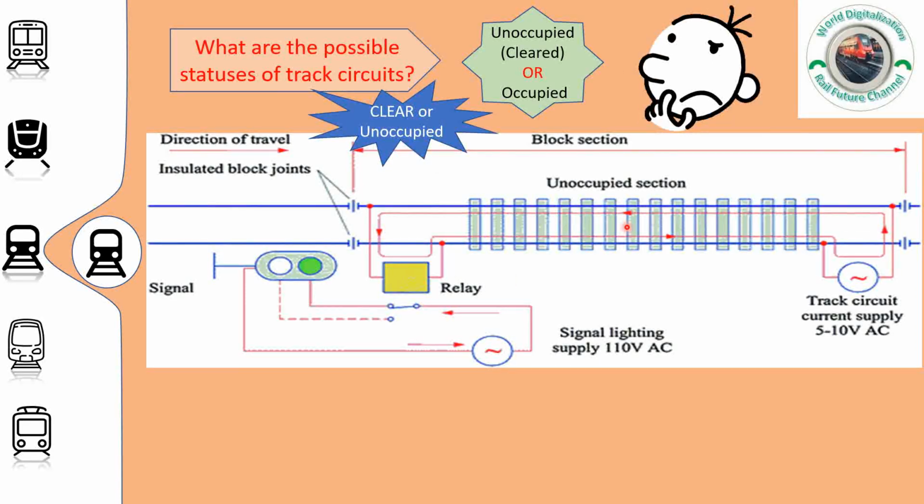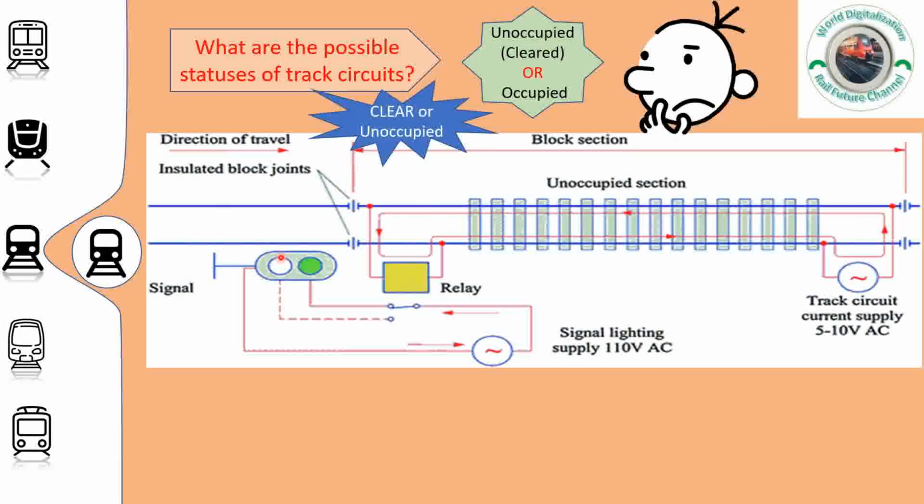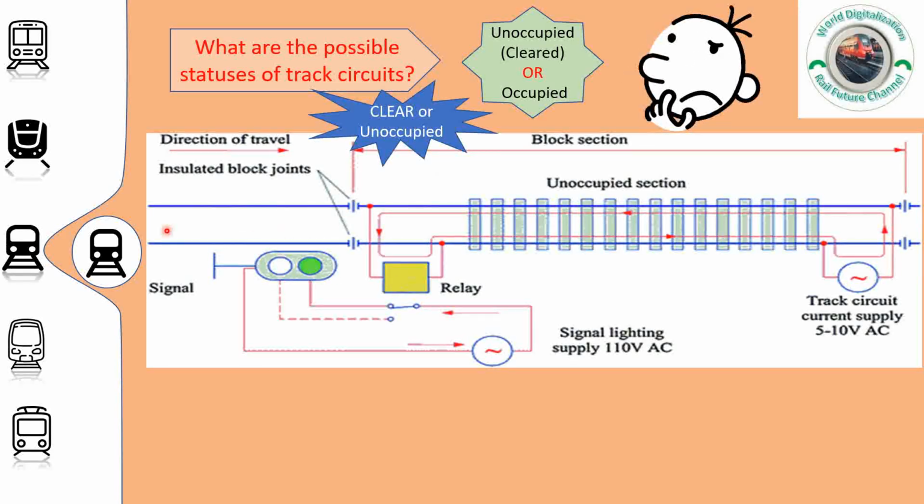That means there is no train on the section. So it will give us a red light, but if we set a route, it will convert to green light. So there is a clear track right now with a green light over the side signal.